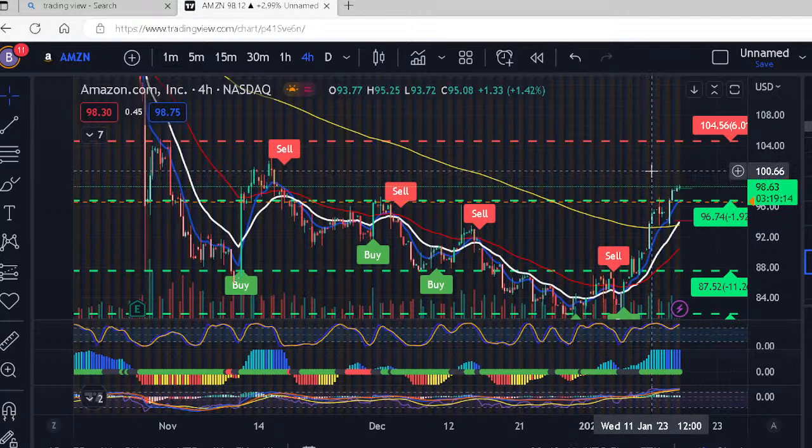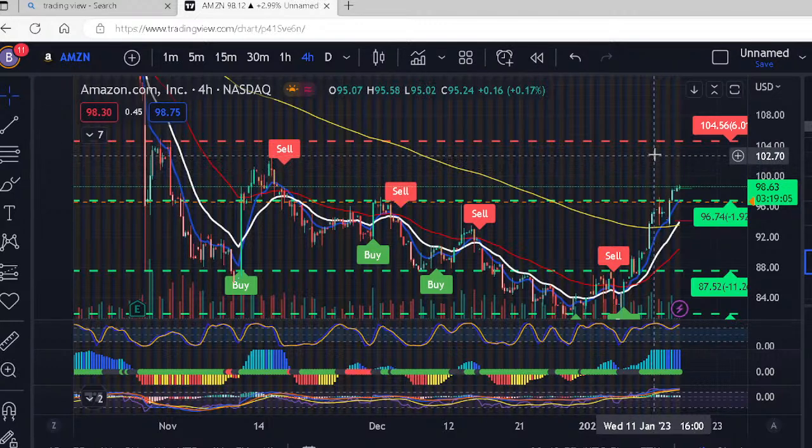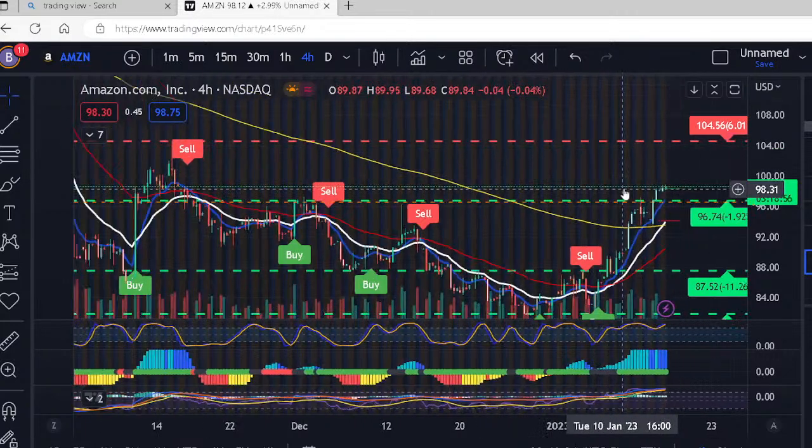My first price target would be right here at 100.88. My next price target would be right here at 102.49. Then my next price target would be 104.56, guys.